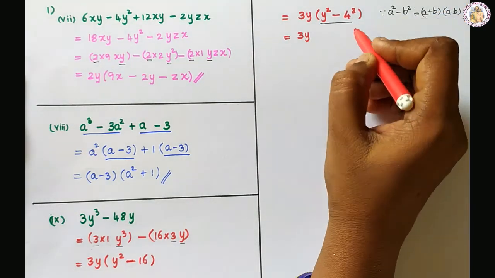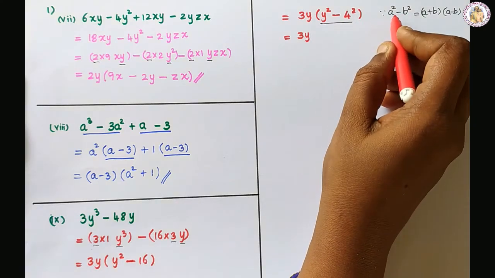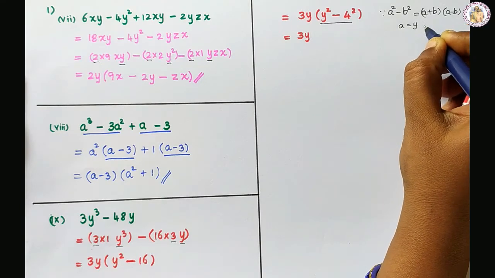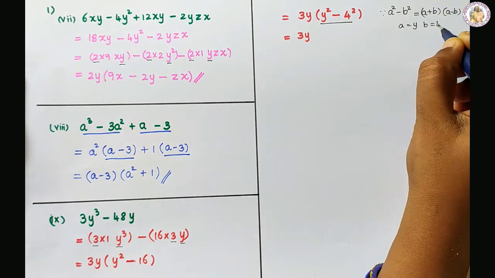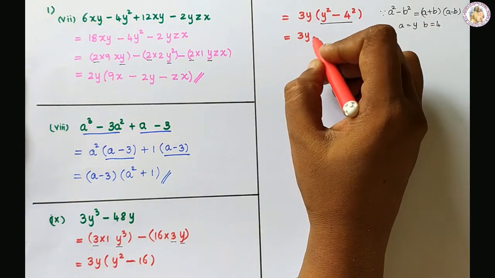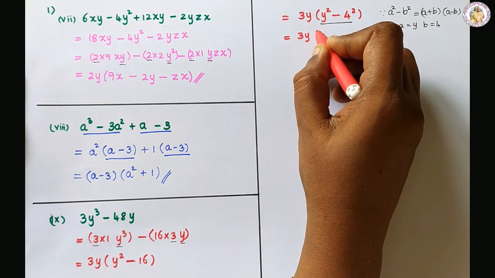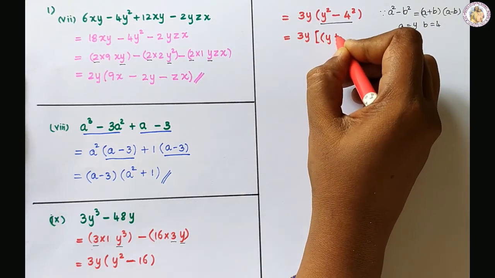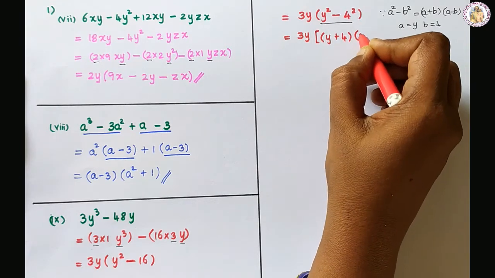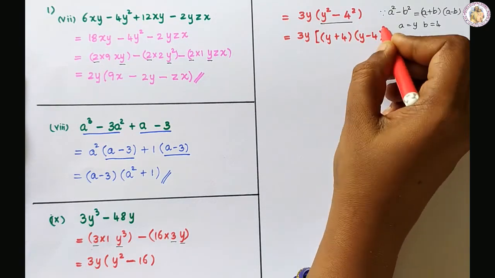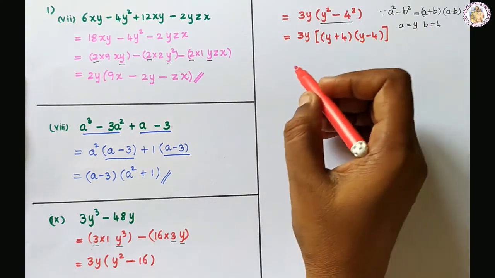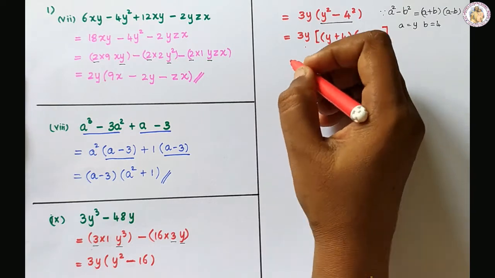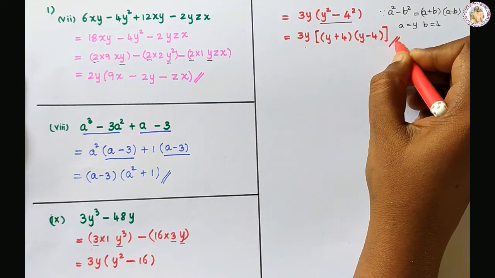So write down like that. Here a equals y and b equals 4. So how will you write in the identity? That is y plus 4 into y minus 4. So 3y into y plus 4 into y minus 4, that is the answer.